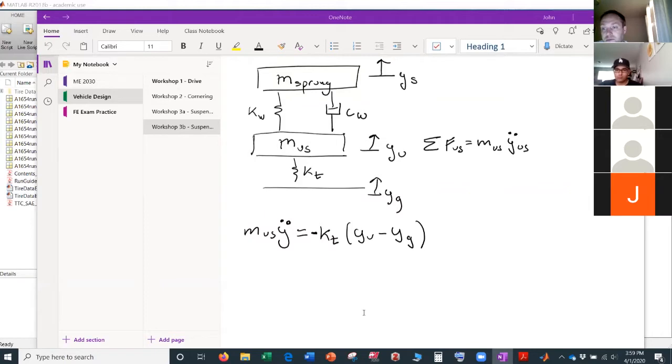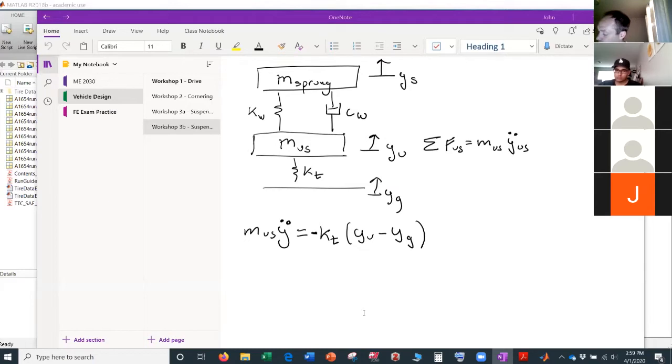So we have y minus y of the ground. That basically means that's the term for the bottom spring being extended, right?